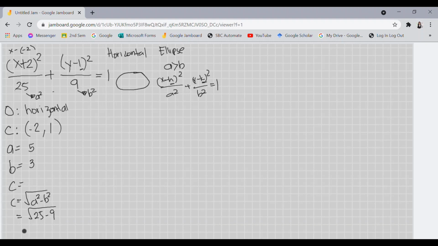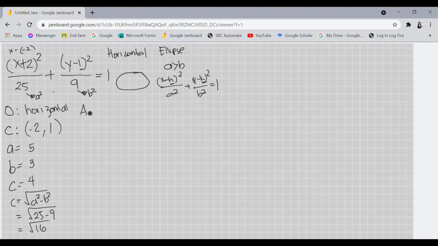So, 25 minus 9 is equal to 16. And then, we know that the square root of 16 is 4. So, a is the square root of this one, b is the square root of this one, and c is by computation the square root of 16. So, we have 4.